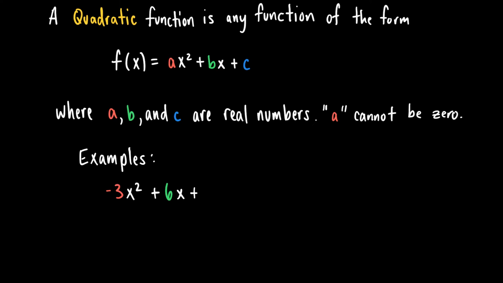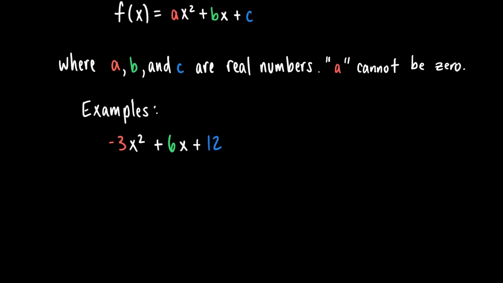Put that in blue there. Okay, so this is a quintessential example of a quadratic function. And what's nice is that it's already in what we call standard form. So we've got the x squared part first, and then we have the x part, and then just the number. Okay, so that's an example of a quadratic function.